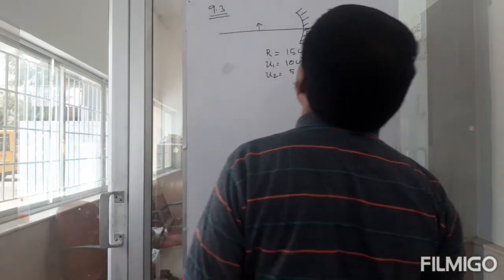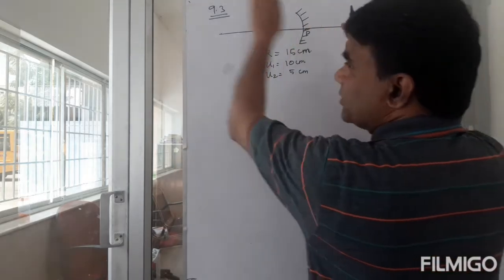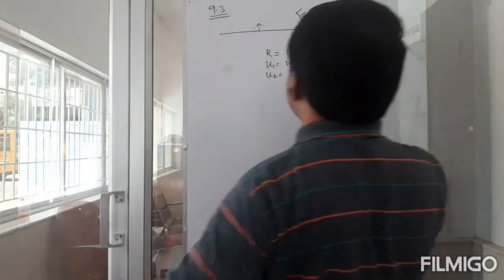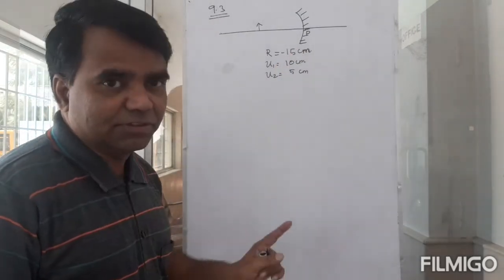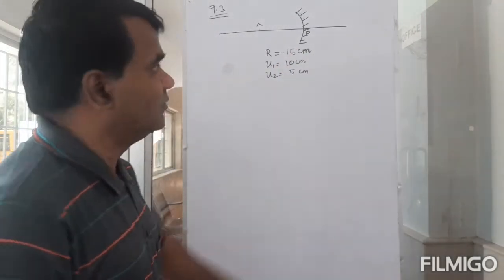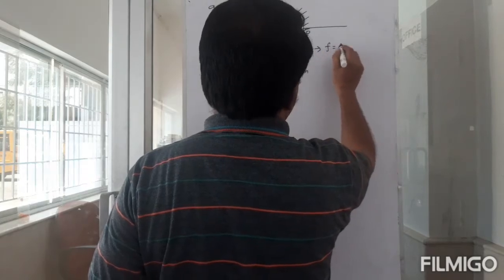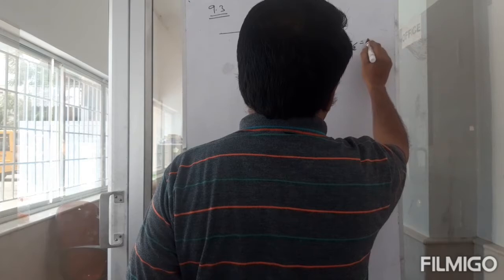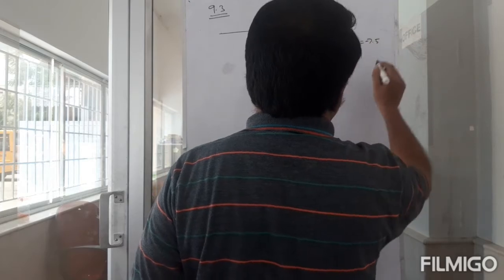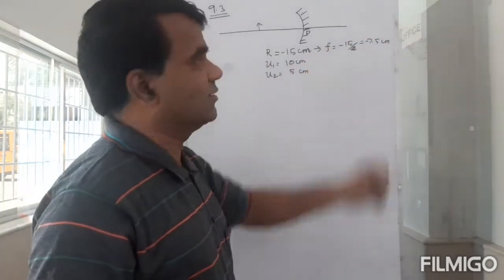Light will travel in this direction, but my measurement is in that direction. So my radius is minus 15 centimeters. I'm using sign convention. So that gives me my f equal to minus 15 by 2, or minus 7.5 centimeters. You see, I'm getting them with the sign.